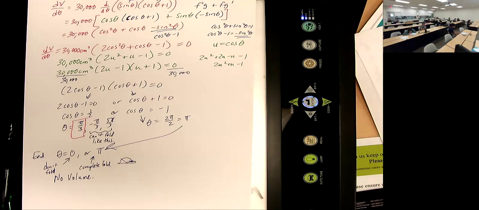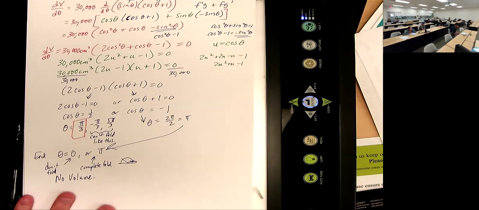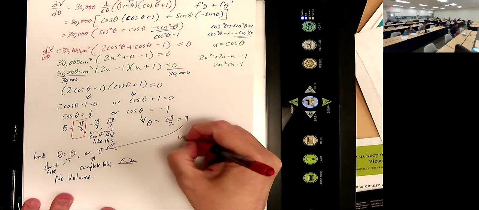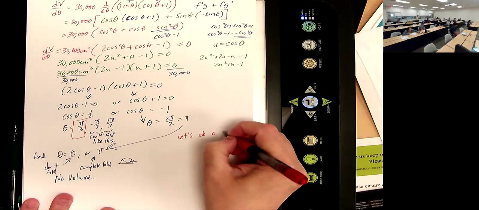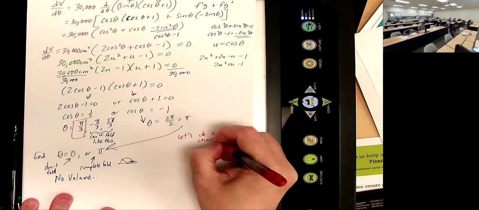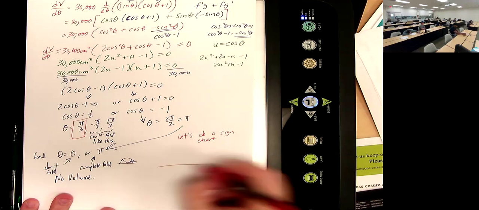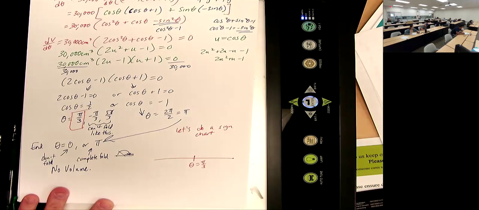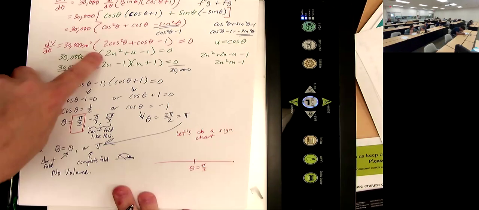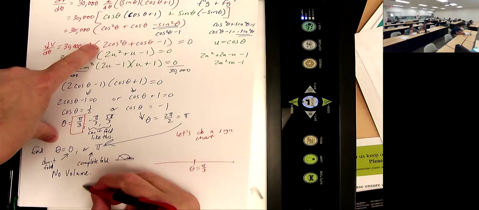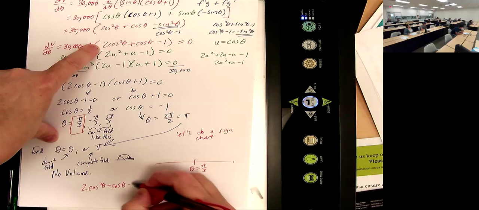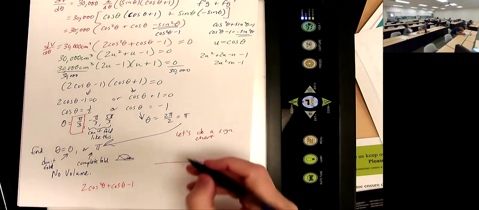Does it maximize the volume? It sounds like it should, but maybe let's do a sign chart. We're plugging into 2 cosine squared theta plus cosine theta minus 1, the 30,000 doesn't matter, and let's do test points.